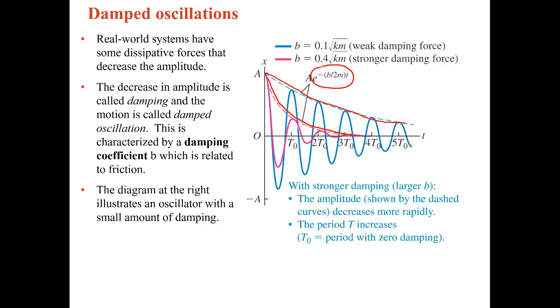You can also see that the period is increasing, and it's kind of hard to see here at this first peak, but if I erase my prior drawing, by the time we get to this third peak, you can see that the purple is shifted to the right. And what happens is that the energy of these damped oscillators is going to decrease.